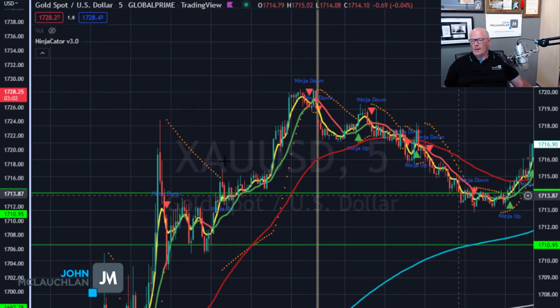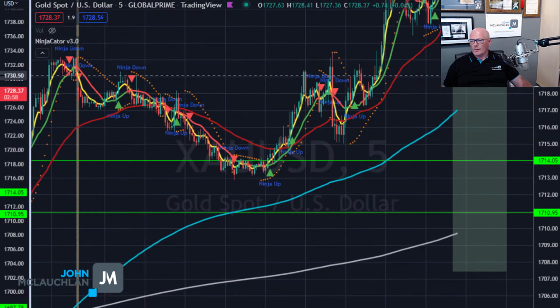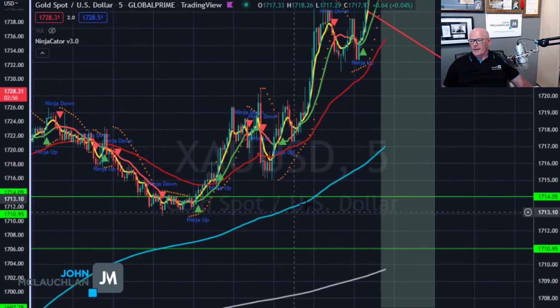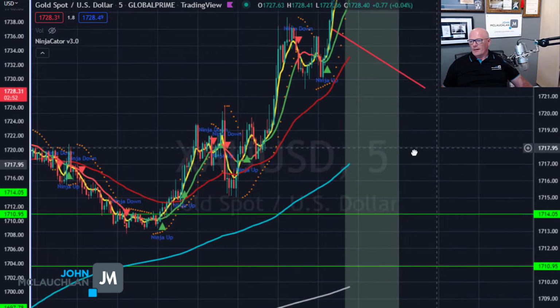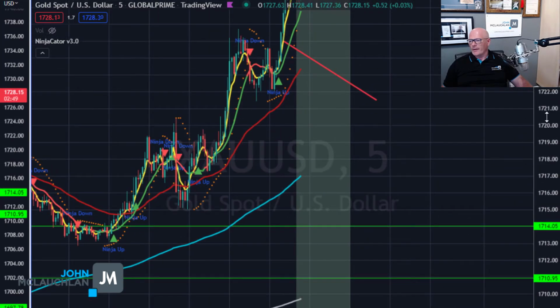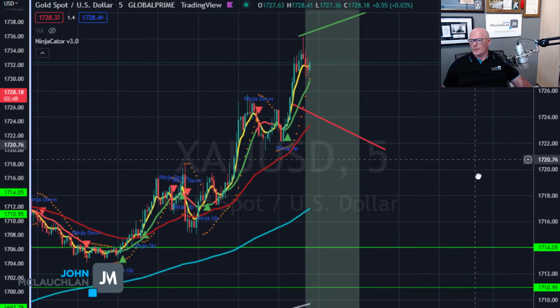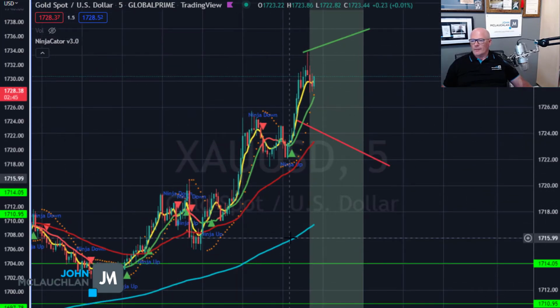Now, we can put different zones on here based on support and resistance, but what I'm saying is every line is an area where price will want to bounce or break. It'll bounce off and go back, or it'll break through and continue down.